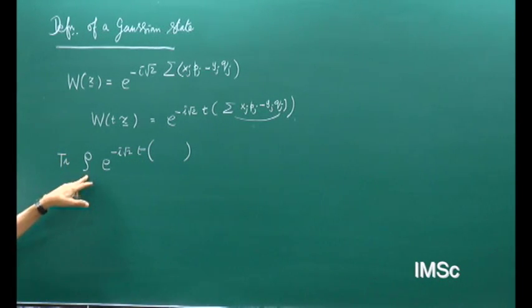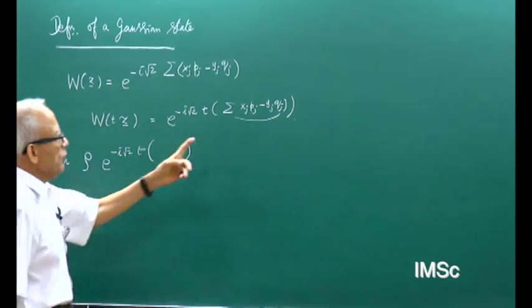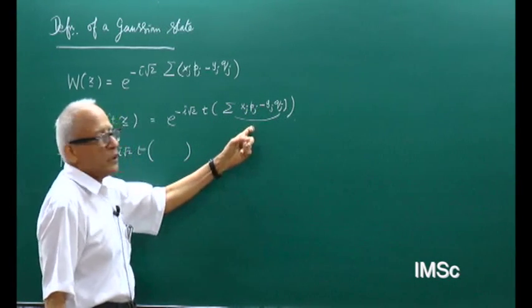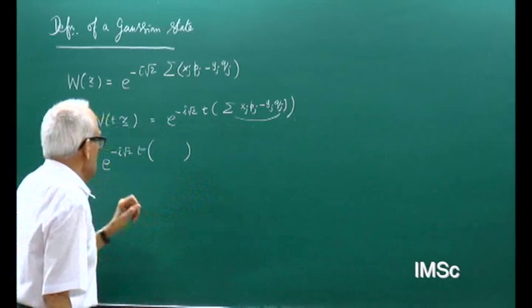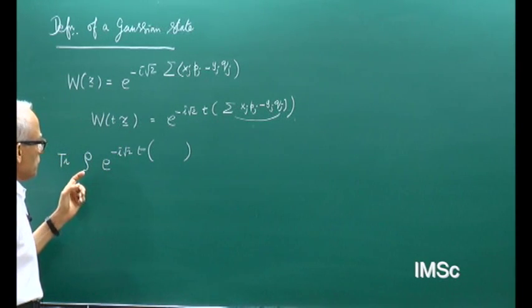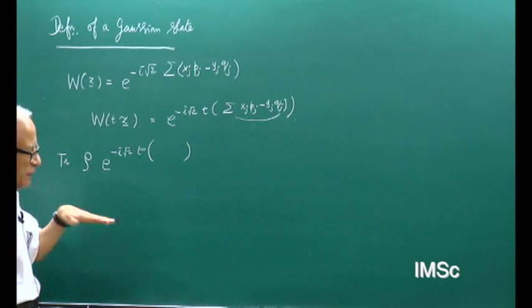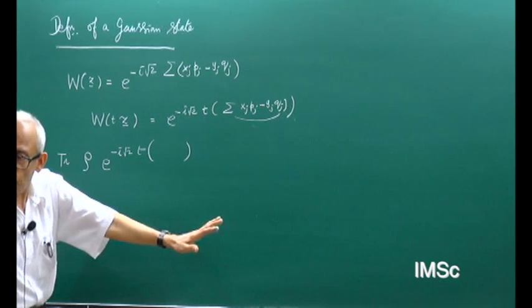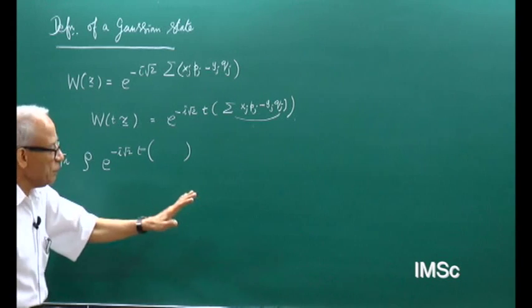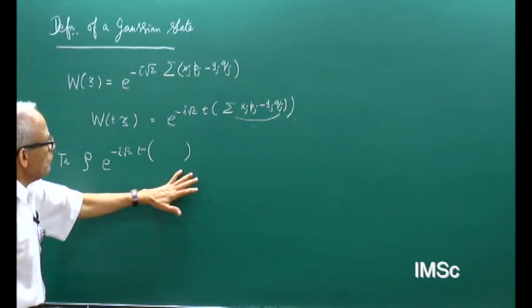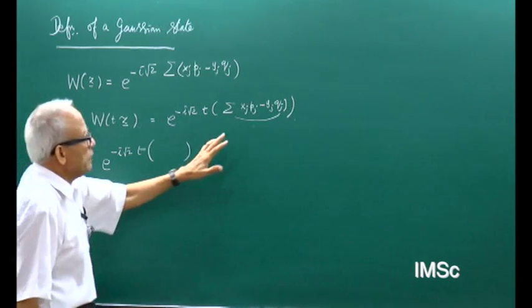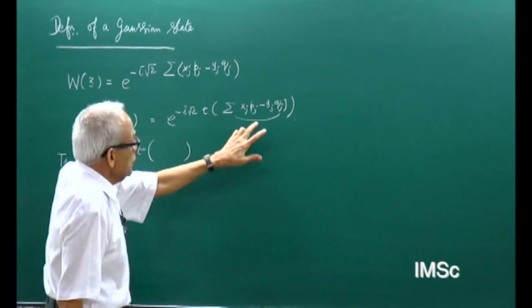So rho is said to be Gaussian if and only if all these have Gaussian distributions. That means this must be trace rho e to the minus I this, as a function of t, it is a characteristic function of a distribution on the real line.